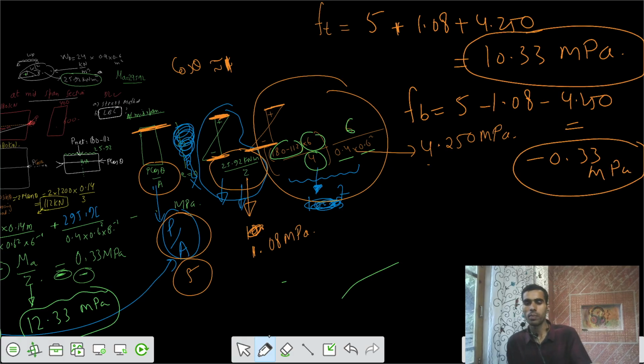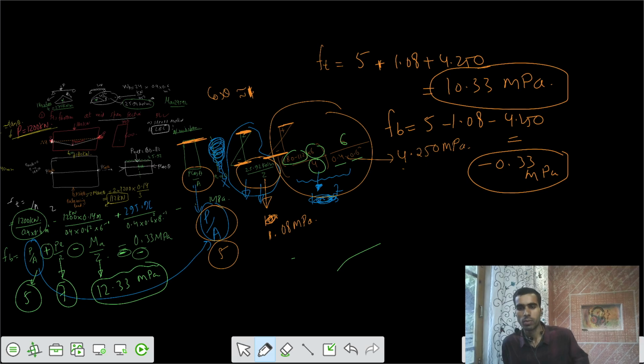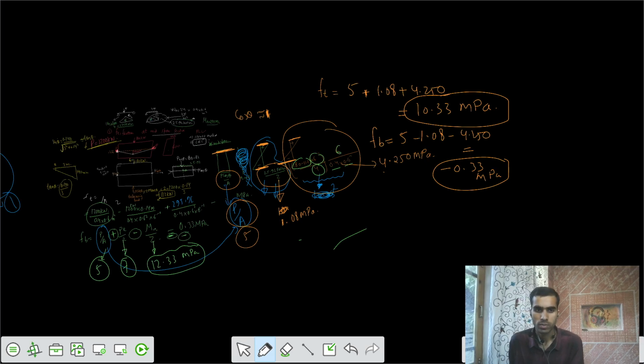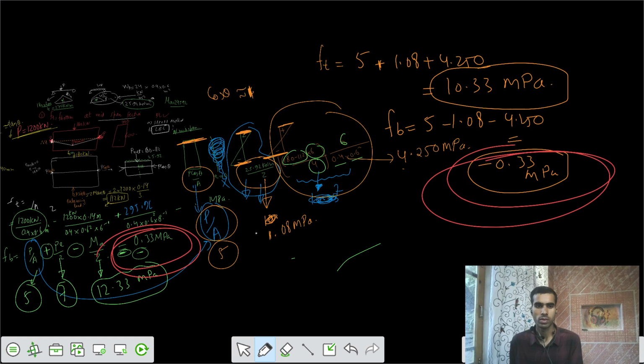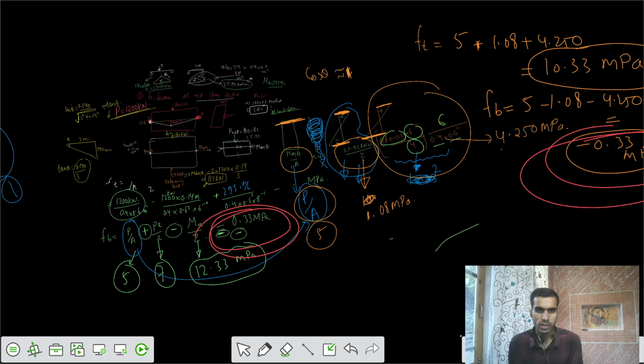Now try to compare the values with the previous case. That's the stress concept. What were the values we had in the stress concept? Stresses at the top and stresses at the bottom. Stresses at the top was 10.33.